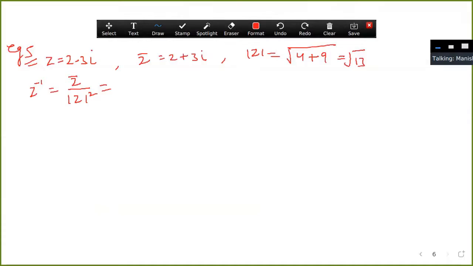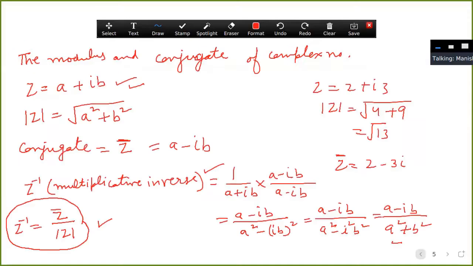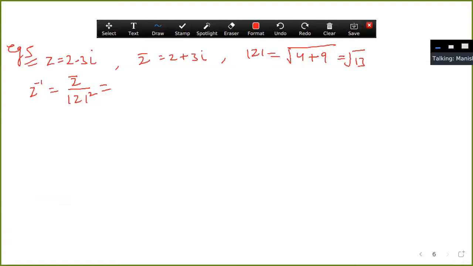We have to write it as the square of mod of z. Okay, mod of z square. Now come further. Put the value: you get 2 plus 3 iota upon root 13 square.